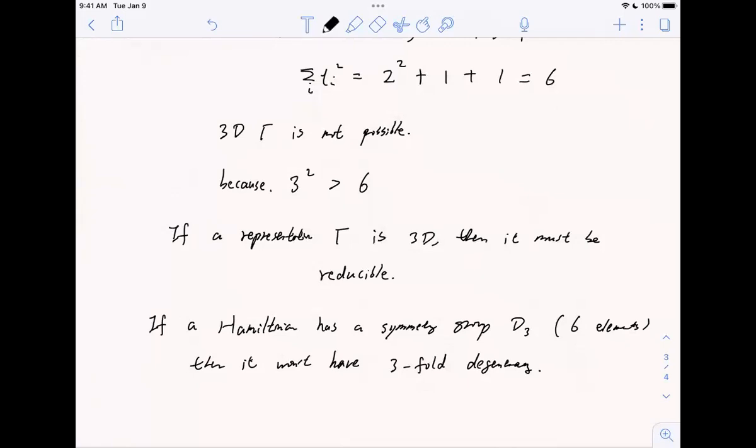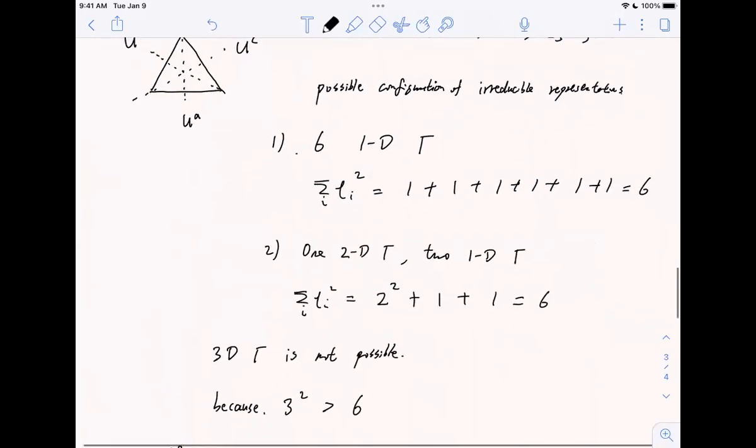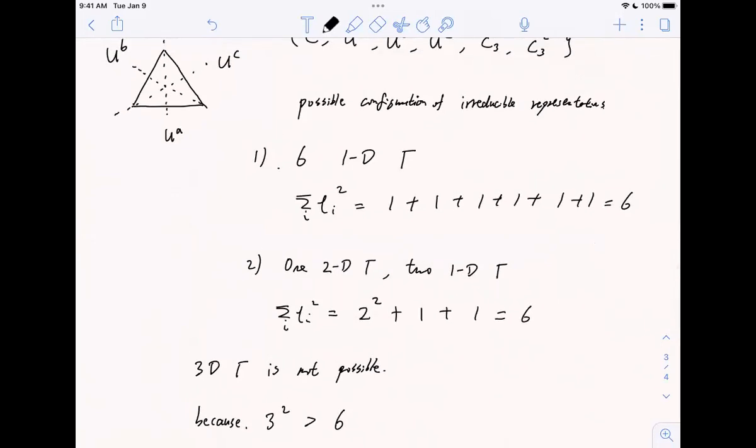If you have a symmetry group with only 6 elements, then it won't produce a threefold degeneracy. Later we'll have more knowledge about the properties of the group, and then we can identify that this is the only case. The first one won't. The first one is usually the case for the abelian group.